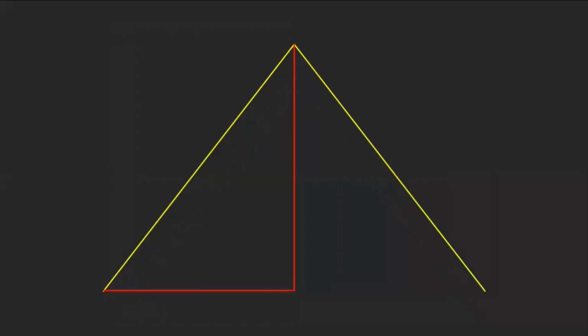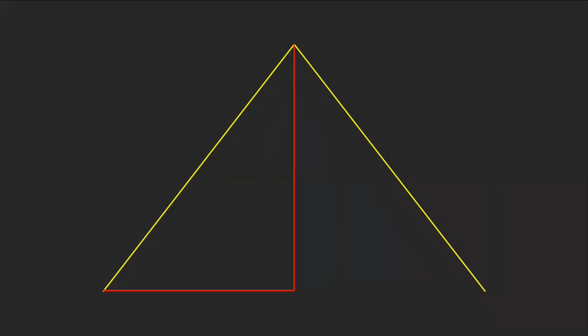This triangle on the left has a proportion of 1 at the base. The length of the hypotenuse is 1.618, which means that the height of the triangle is the square root of 1.618.